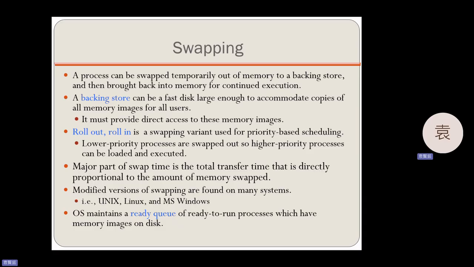The swapping time is the time to transfer the program image between the memory and the backing store, and it depends on the size of the program image. A lot of modern systems use some form of the swapping mechanism, with their own optimization, but the basic concept is the same.